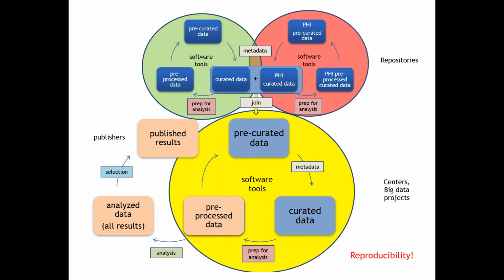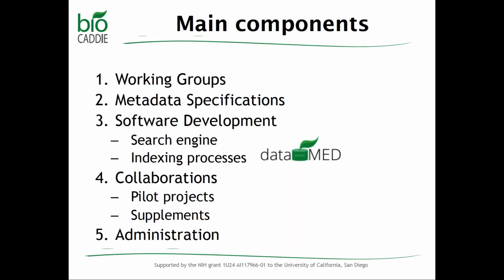And journals and publications are not out of the loop because they are the end product of all of this, and they're a little bit of a circle and a loop in themselves. So the Biocaddy project's main components are working groups, metadata specification, software development, collaborations, and administration.